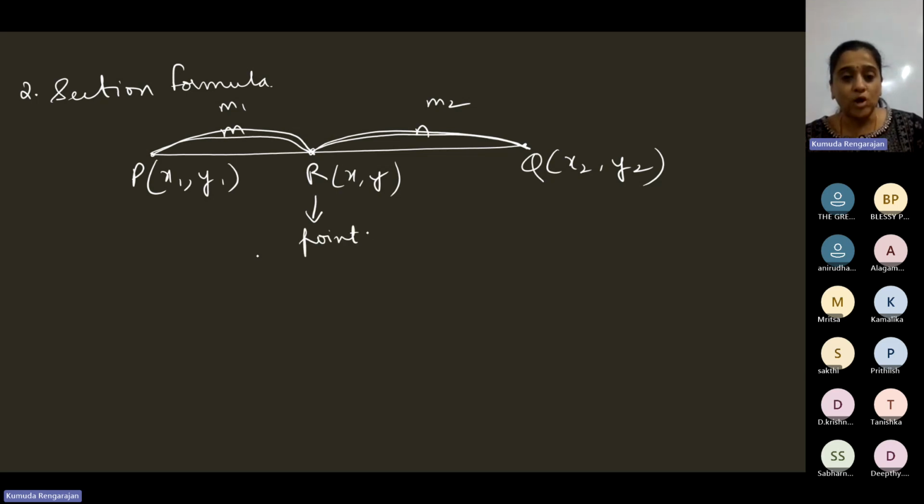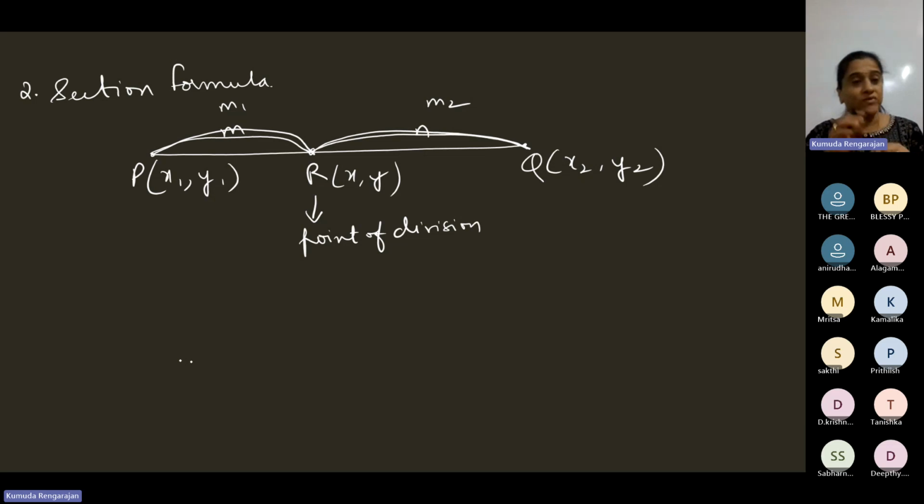This is called the point of division, because this point divides the line segment PQ. So the direct application of the section formula is to find the coordinates, the address, of the point of division R. That's why the formula is designed.